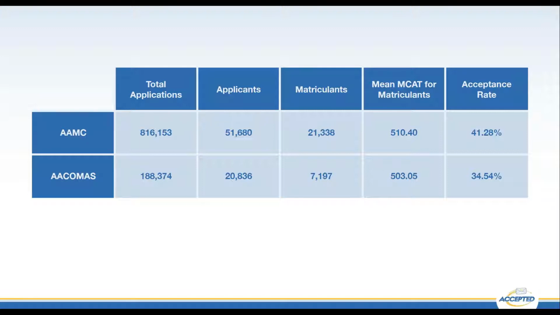Now, in the last 50 minutes or so, Alicia has given you the what and why of responding well to secondary applications. But the how of applying her excellent advice to your specific situation, your qualifications, your goals, your experiences, that how begs for individual advising from experienced professionals who can guide you through the lengthy, grueling process that is medical school admissions.